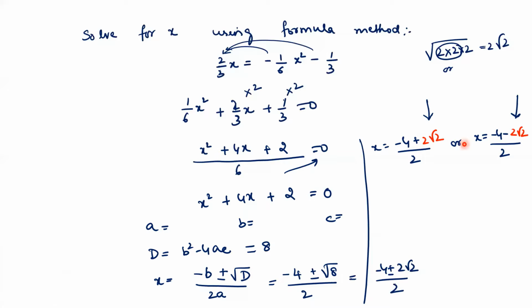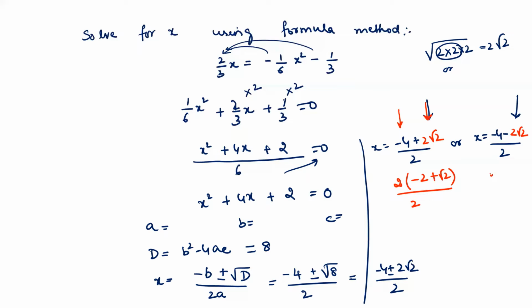Yeah, but I will tell you, Vimala, Rohit, Krishna, you can't cancel the terms here. You can't cancel when there is plus and minus. You can cancel only when there is a product. So try to take out the common factor. What is the common factor between these two? I see 2 is a factor. So I will keep minus 2 plus root 2 in the bracket and this 2 here.